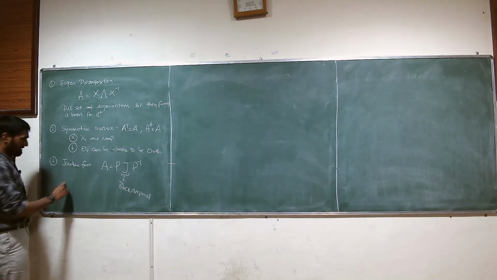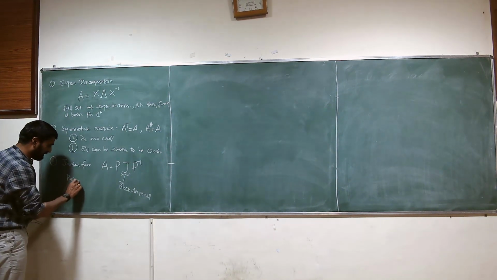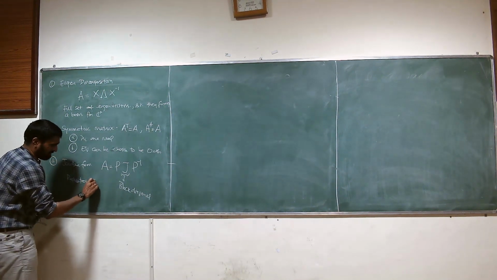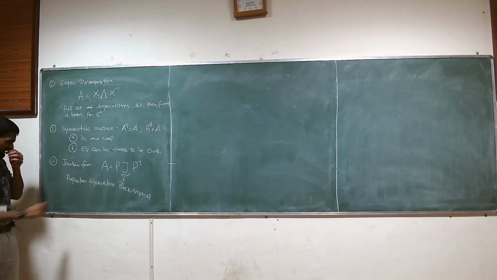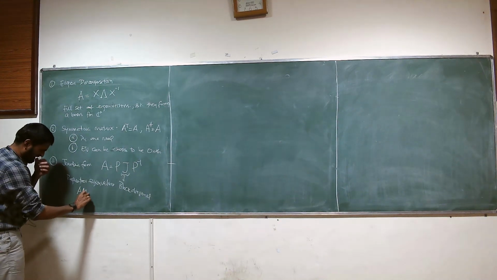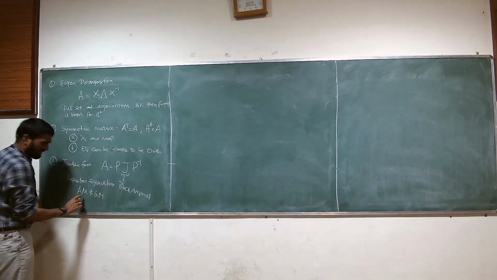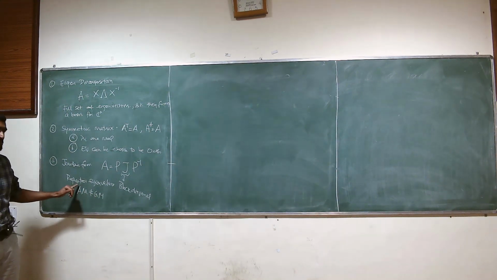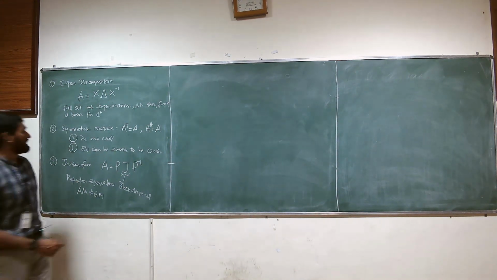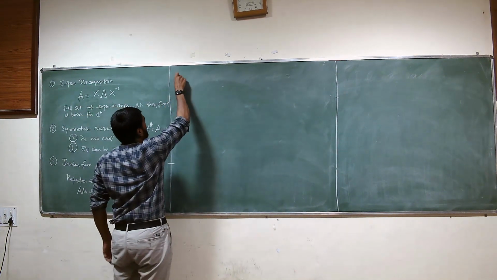When you have repeated eigenvalues, and you don't have as many eigenvectors as the number of times this eigenvalue repeats. Okay, all right.